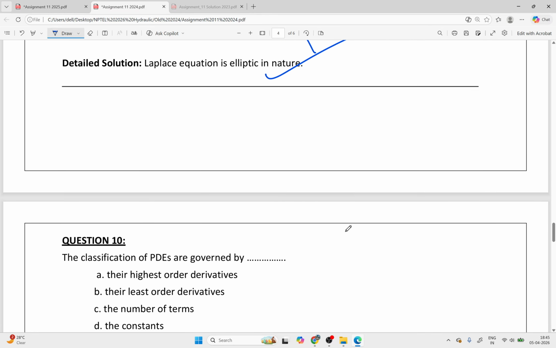Question number 10. The classification of partial differential equations is governed by their highest order of derivative, their least order of derivative, the number of terms, or the constant.